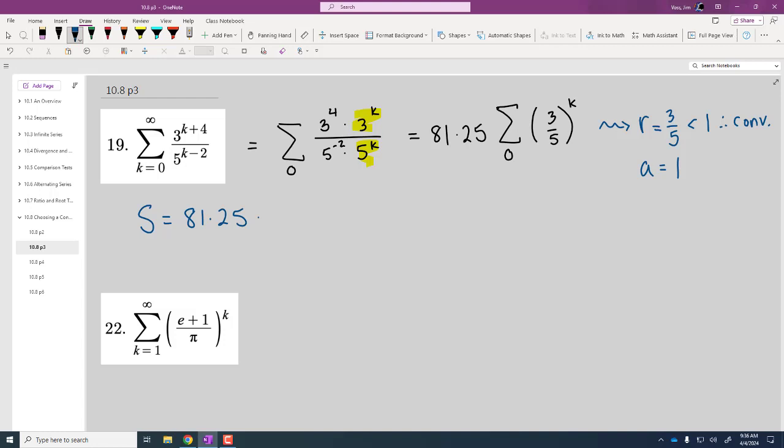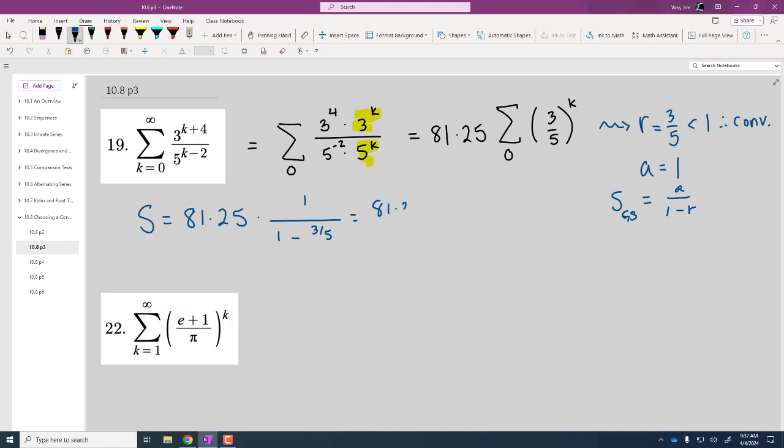So then our formula for S for a geometric series is a over 1 minus r. So we come over here, so our S, we've got these two constants in front that have to be multiplied through. And then we multiply that by a, which is 1, over 1 minus r, so 1 minus 3/5.